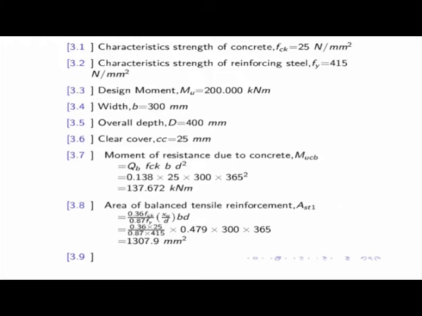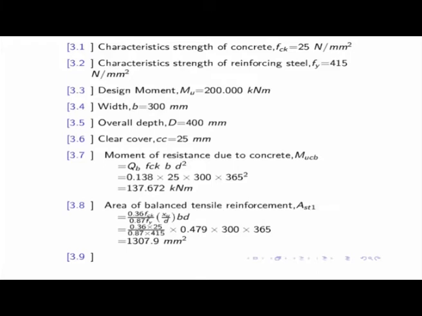Since the strains are different at the two levels, in the tensile case the strain for Fe 415 is 0.0038, which will give you the corresponding stress of 0.87 fy. But on the compressive side, a little below the top face of the concrete, where we have 0.0035, it is here 0.0029.